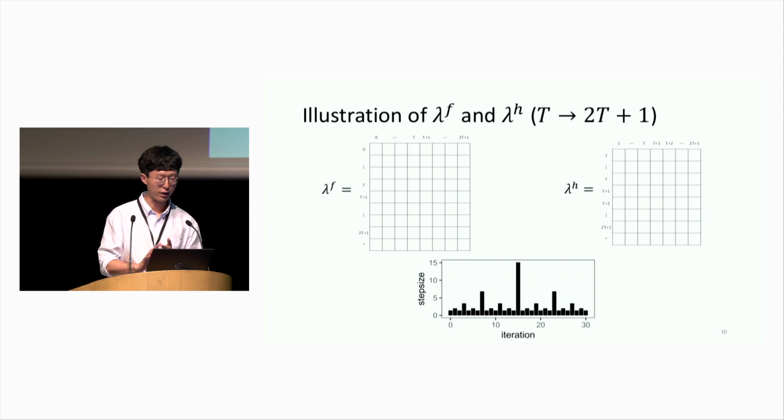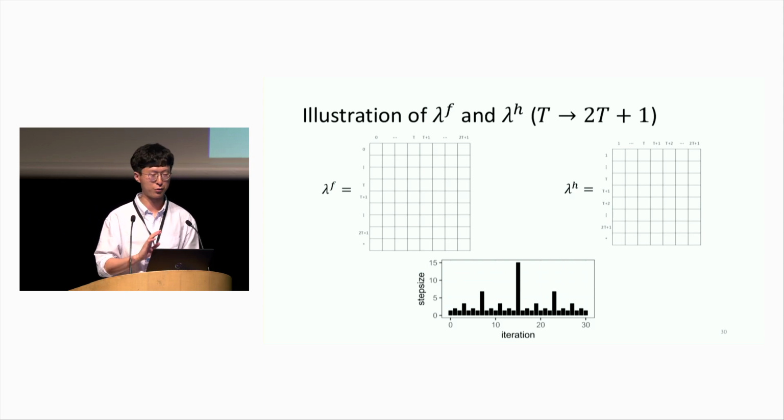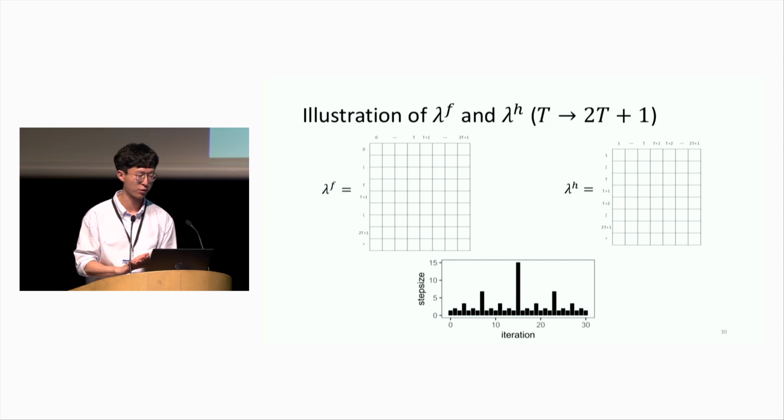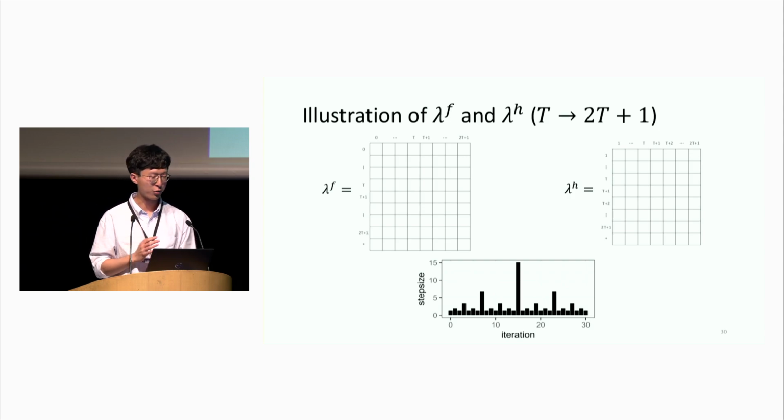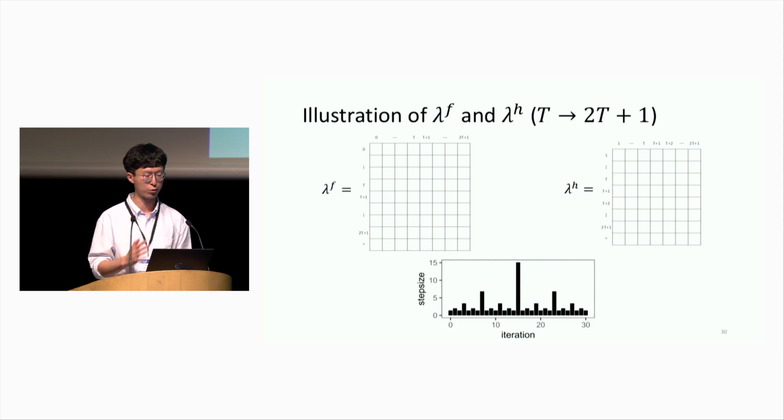So far, I only mentioned that these coefficients are complicated, so I'll illustrate with a few words and pictures how these work. Basically, these are defined in a recursive way. I will try to illustrate how these coefficients look when the length is 2t plus 1, based on the length t.